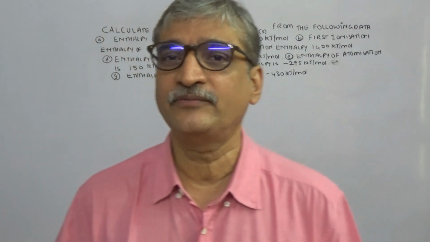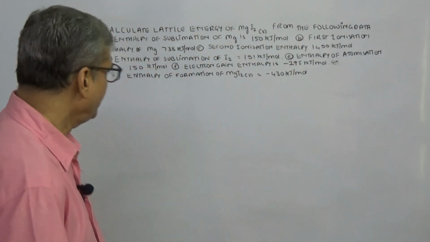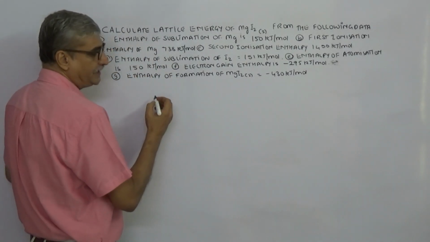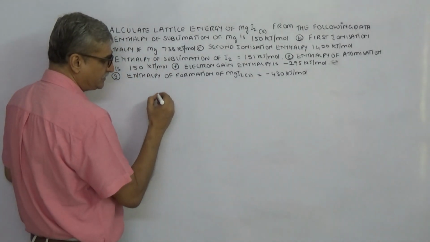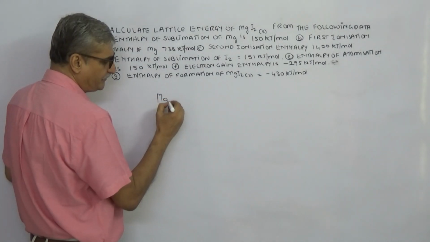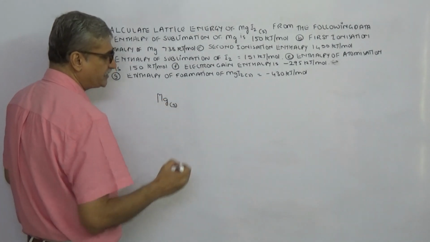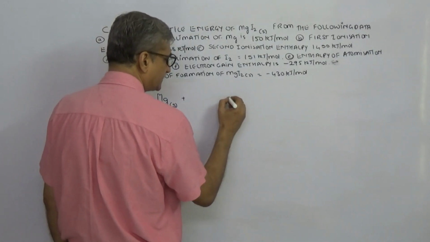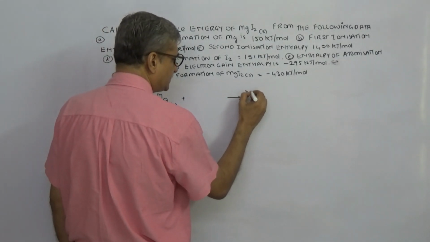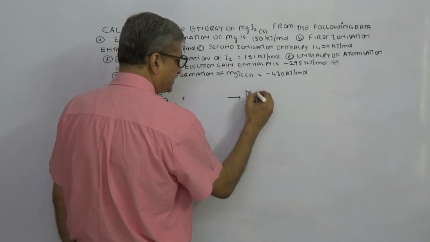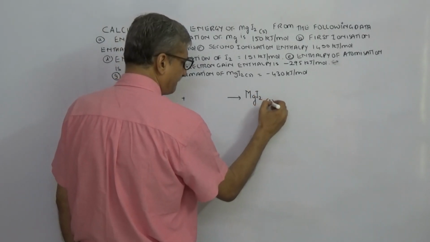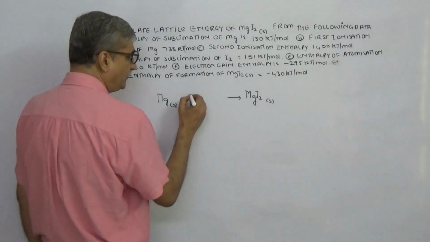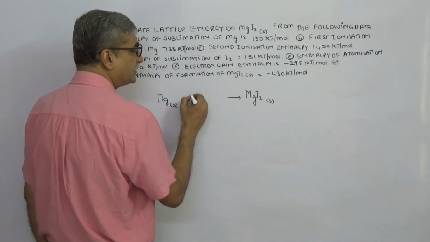That is where we start the story. We take this point. What do we have? Enthalpy of formation of magnesium iodide. What does the definition of enthalpy of formation say? 1 mole of the substance. Which is the substance? Magnesium iodide, solid. 1 mole of the substance is formed from the elements in the standard state.